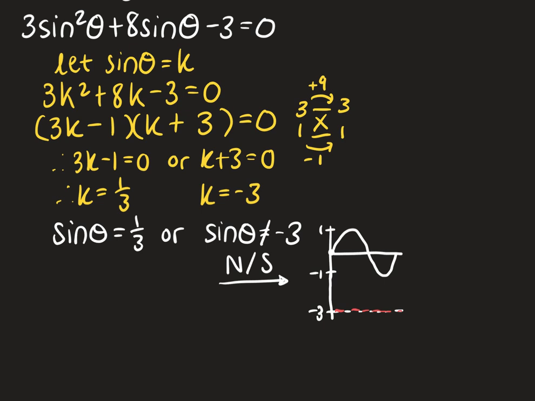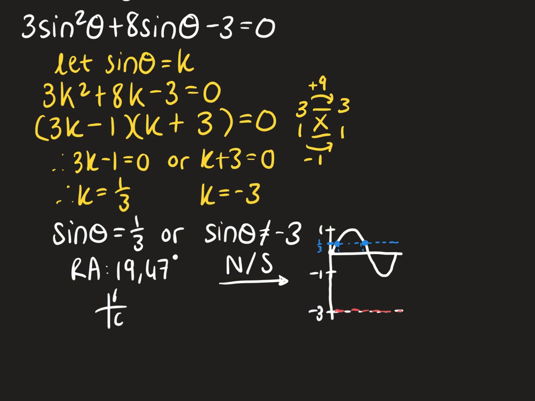However, sine of theta equaling a third, that can definitely work, right? Because a third is somewhere here, and do you see how this line goes through my graph? So we will get answers where it will be a third. So let's go straight into the reference angle. We take our calculator, shift sine of a third is equal to 19,47 degrees.